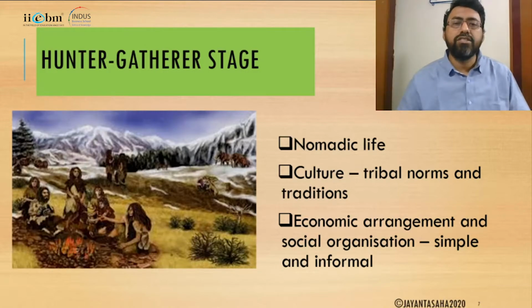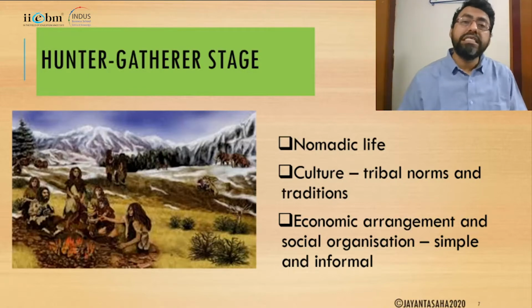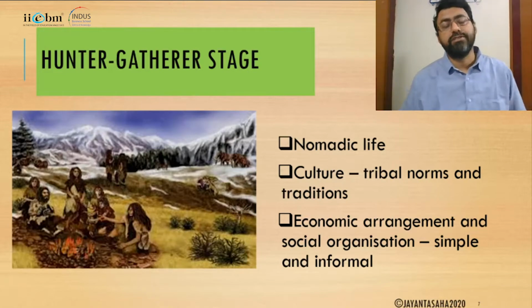So they will take their spears and their animal skins and their sharp stones, and they will be looking for animals. Wherever they find the animals, they will kill it and they will try to cook it and consume that and they will settle for the night there. So it's in a sense a nomadic kind of existence.